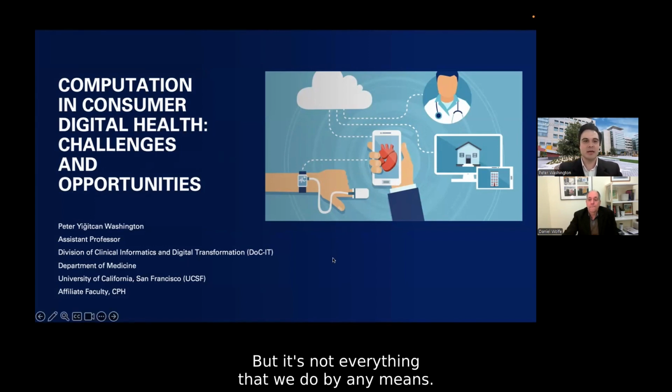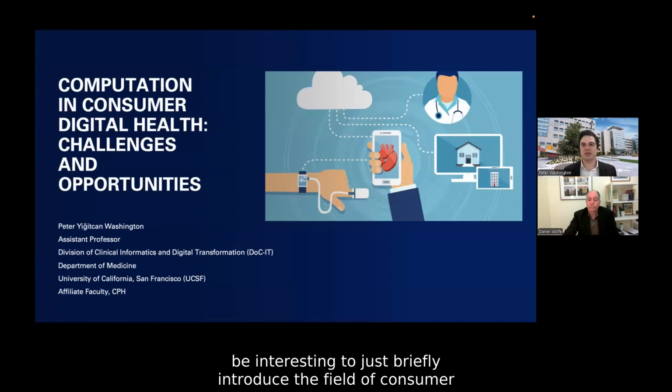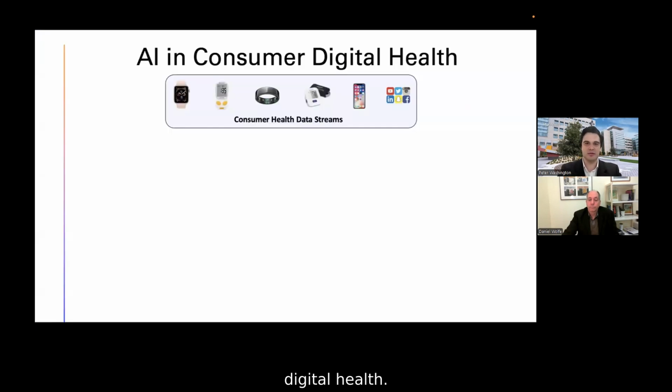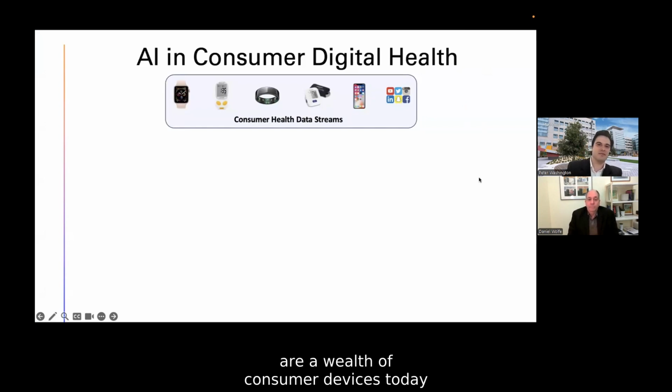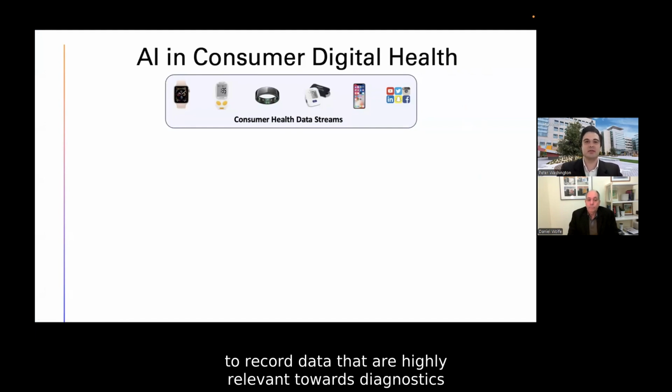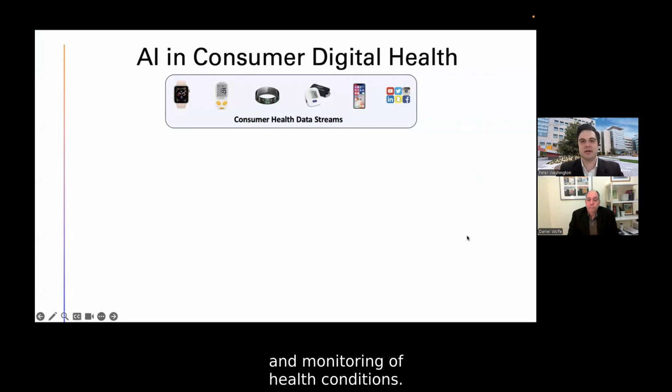So with that, I thought that it would be interesting to just briefly introduce the field of consumer digital health. As you all probably know, there are a wealth of consumer devices today that record data or that can be repurposed to record data that are highly relevant towards diagnostics and monitoring of health conditions.